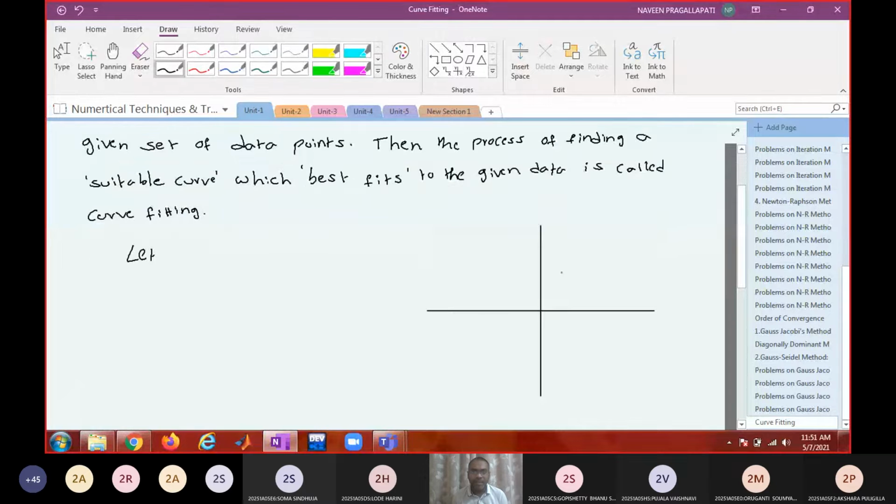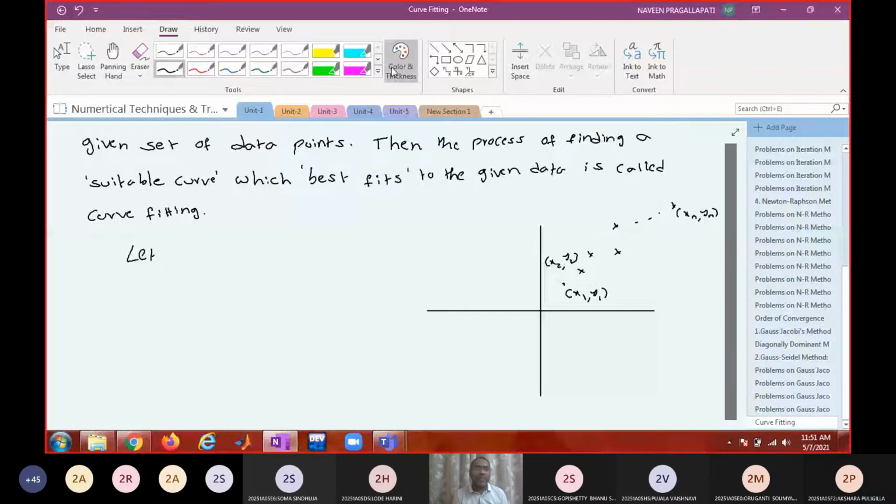Let us say this is x1 y1, this is x2 y2, x3 y3, x4 y4, x5 y5, and so on, up to xn yn.